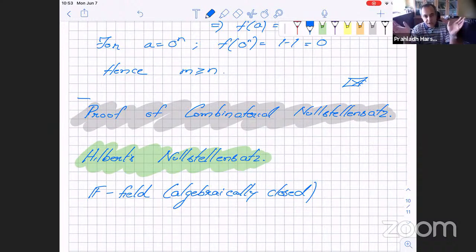Finite fields are not algebraically closed because you can always come up with a polynomial which doesn't have any roots, but every field has an algebraic closure, and these algebraic closures will be infinite. For our purpose, just think of F to be the complexes. Any univariate polynomial over the complexes does have a root.